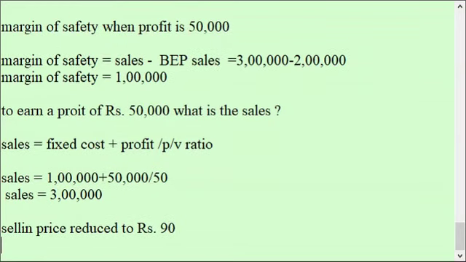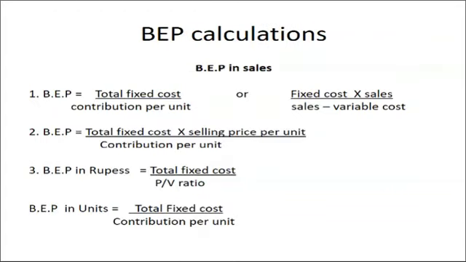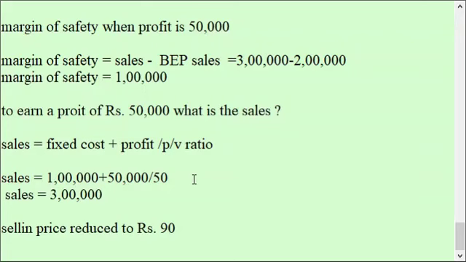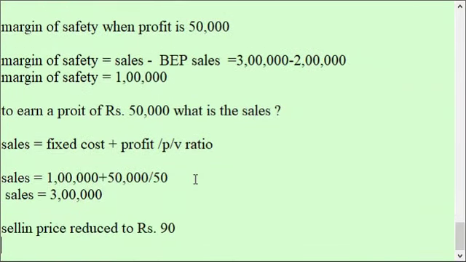Okay, so find out what BEP formula is available. We have fixed cost here. Fixed cost divided by contribution per unit. Yes, we can go for fixed cost divided by contribution per unit, or we go for fixed cost divided by contribution per unit into selling price per unit. Which formula did we use to calculate BEP? We can use PV ratio.